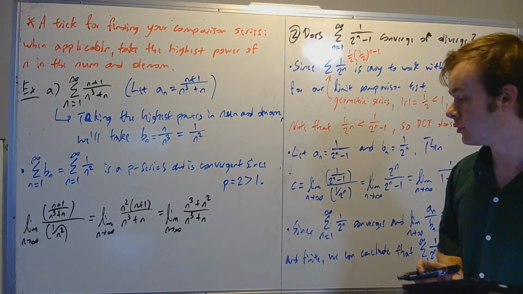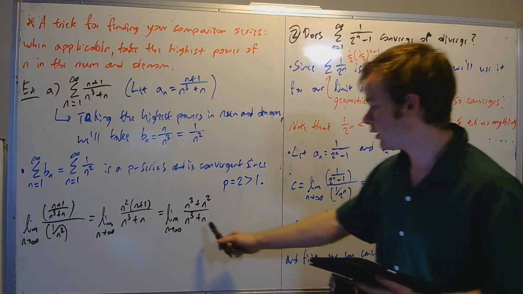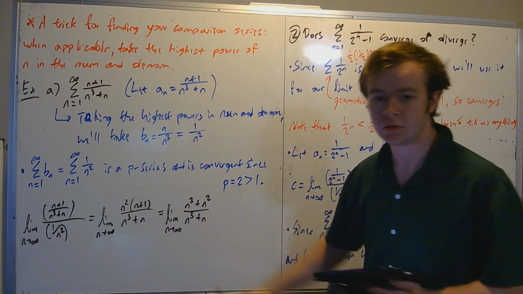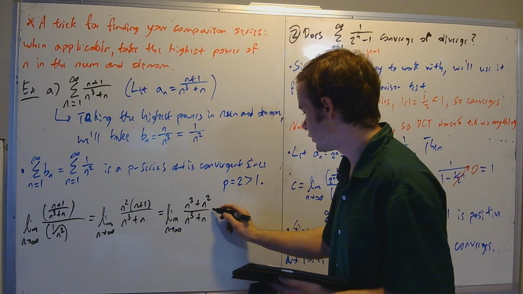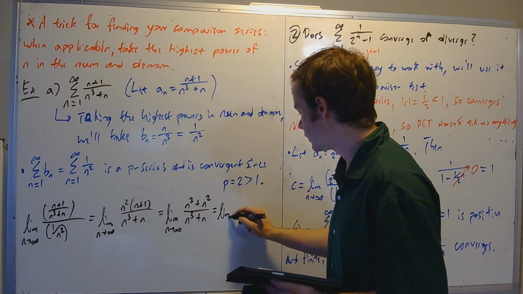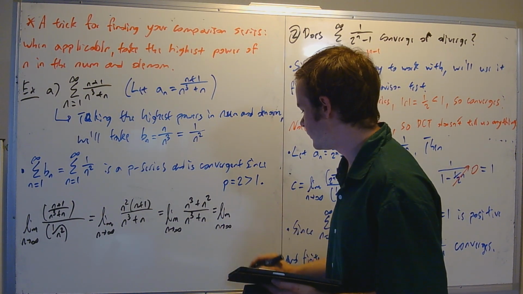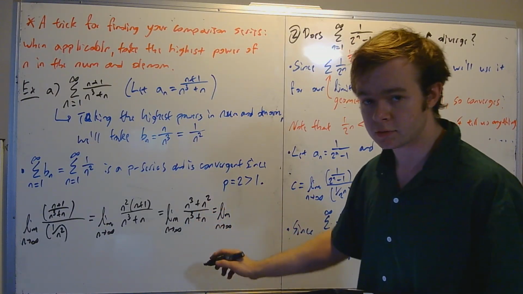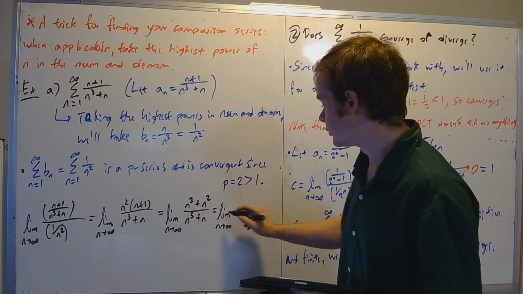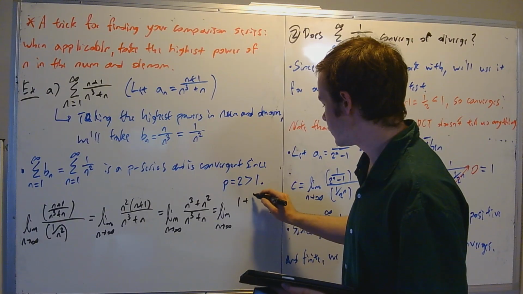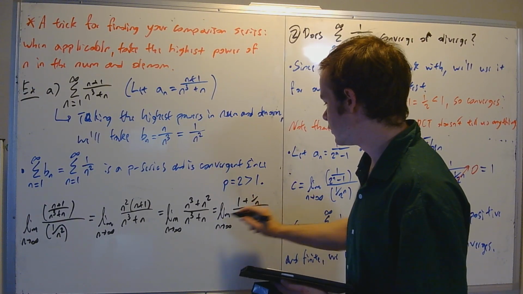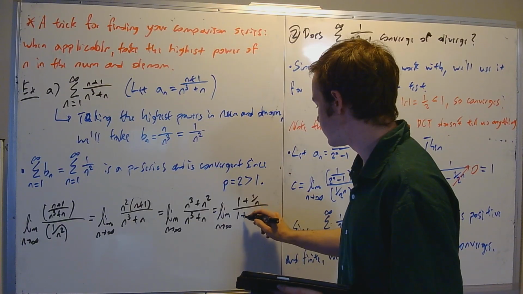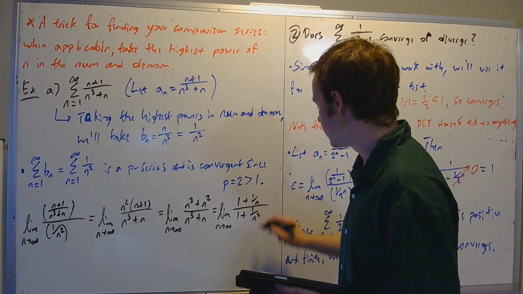Okay, and remember the way we solve these limits is we divide both sides by the highest power of n in the denominator. So we're going to do that. We're going to get the limit as n goes to infinity of, so divide both of them by the highest power of n in the denominator, which is n cubed. So we divide the numerator by n cubed, we get 1 plus 1 over n. We divide the denominator by n cubed, we get 1 plus 1 over n squared.